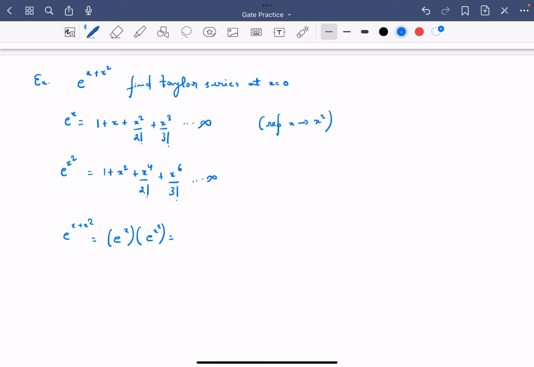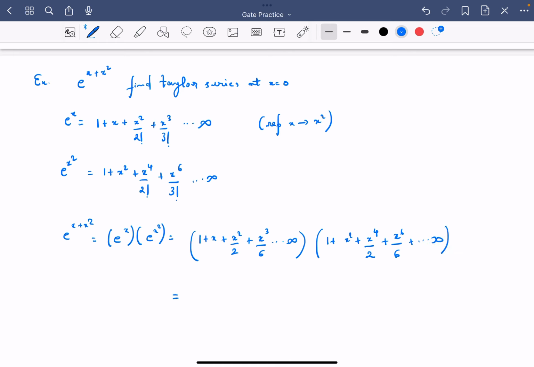So this comes out to be 1 plus x plus x square by 2 plus x cube by 3 factorial, which is 3 into 2, that's 6, so on till infinite, into 1 plus x square plus x raised to 4 by 2 plus x raised to 6 by 6, so on till infinite.